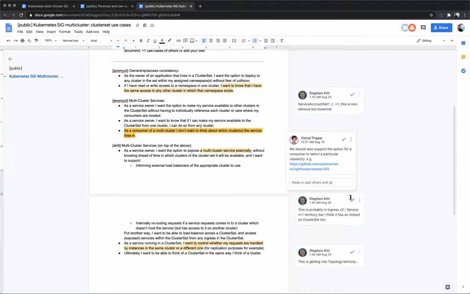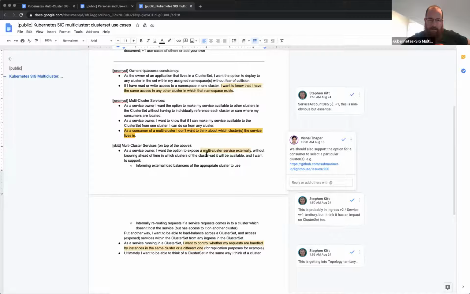Yeah, well, the points that have come up in our discussions of this, and the first one I guess we've already talked about here as well, is having some idea of locality, preferring a local service if it's available to a remote one. Yeah, that I think makes a lot of sense.